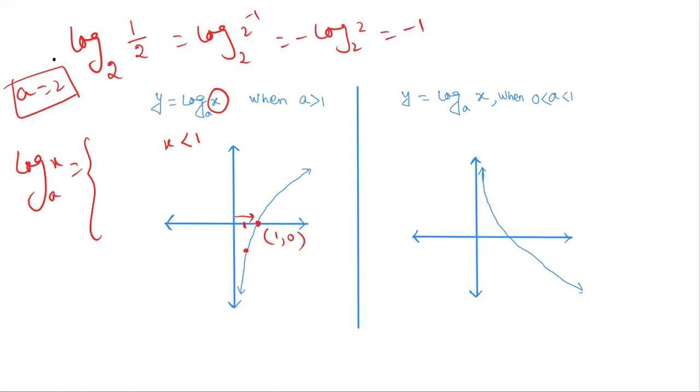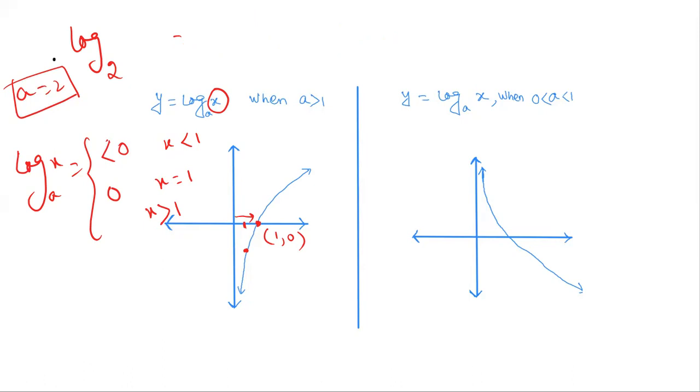So the graph is negative, correct? So graph is negative. If x equal to 1, then graph is 0. Then x greater than 1, take another example. I have already considered the value of a as 2.